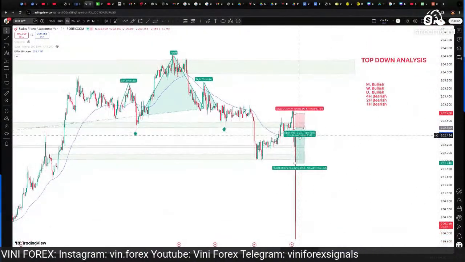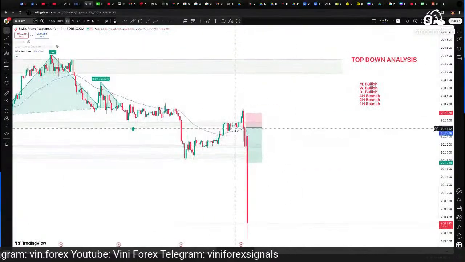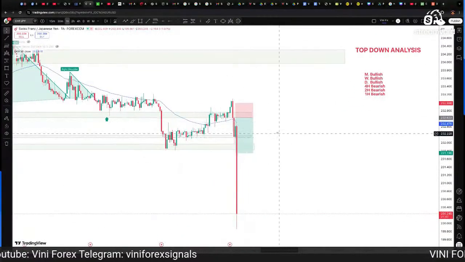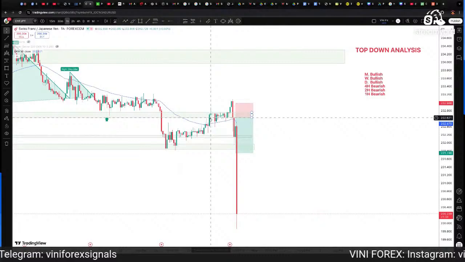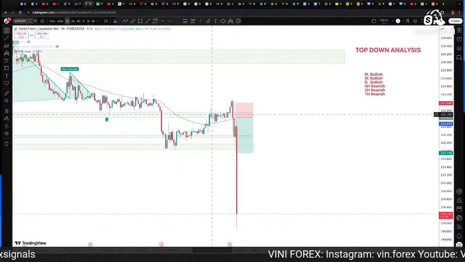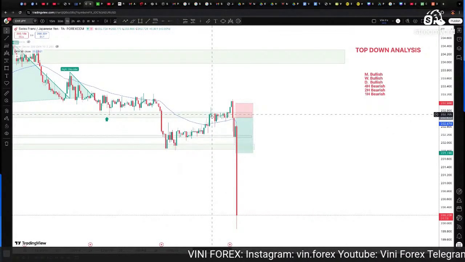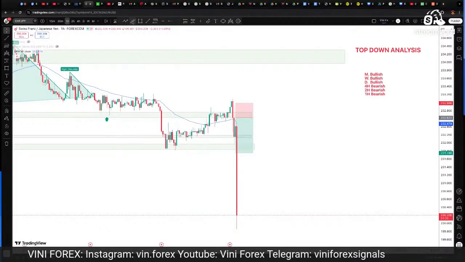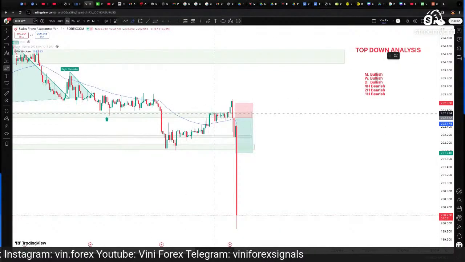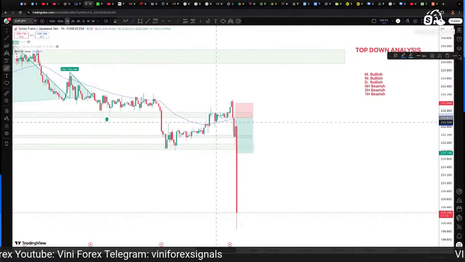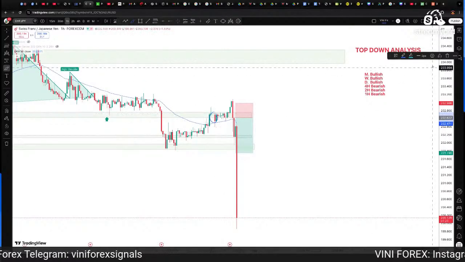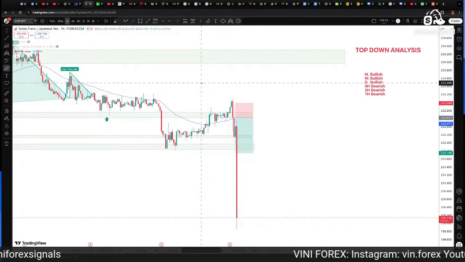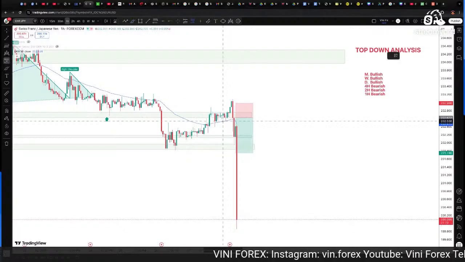A person might have seen that this price came up to this zone, which he perceived to be a resistance, and that's correct. There's a bearish candle here, a bearish candle here, and you might want to start selling too early.